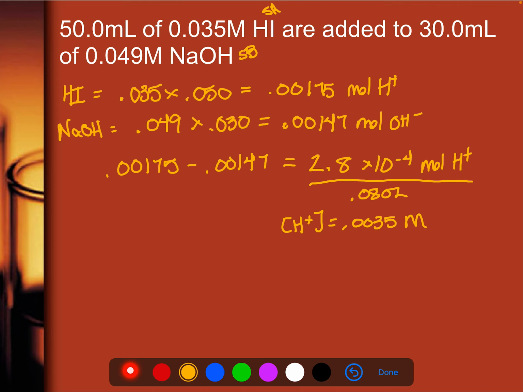And if we're looking for pH, we can plug into negative log. And our pH is equal to 2.46. So since we did have excess hydrogen, we would expect this to be acidic. So that does match with our number value.